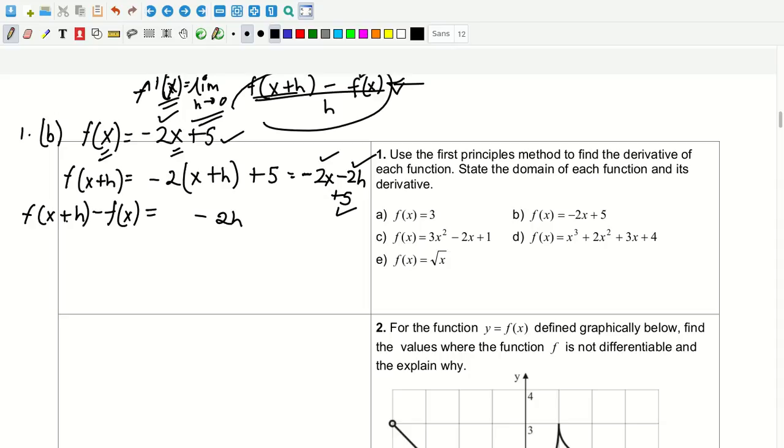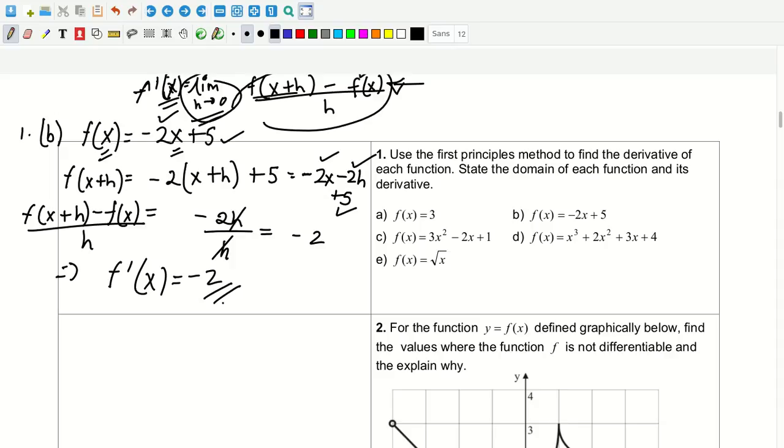Now all I do is divide by h, the h cancels, and I get negative 2. This must mean, if I tack on a limit as h approaches 0, that my derivative will in fact be negative 2. You can try it yourself. So that's what I get.